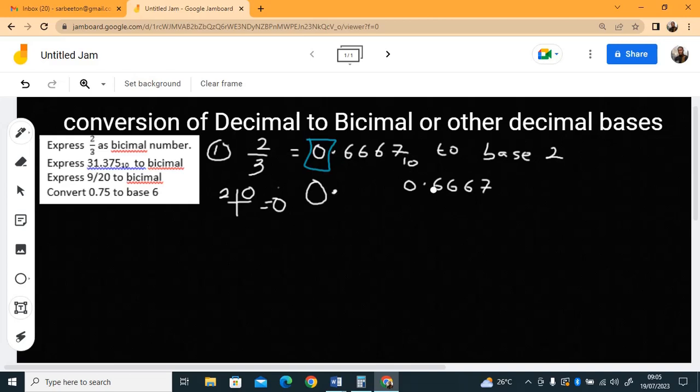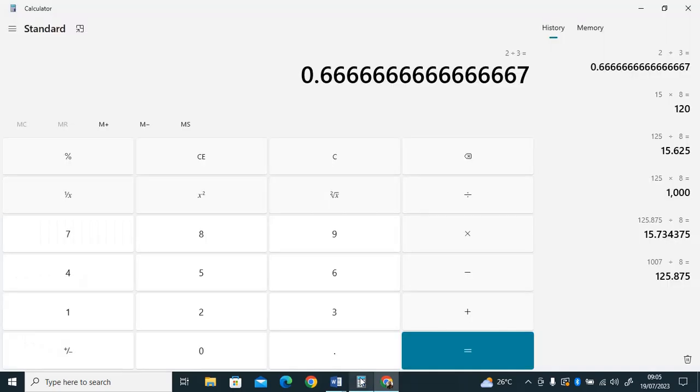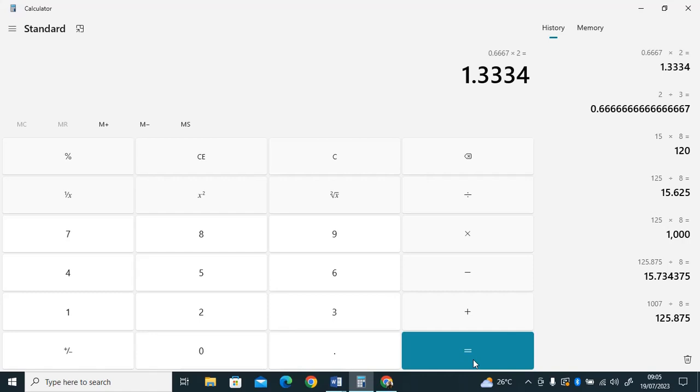So the first one is going to be 0.6667 times 2. Well, let's use the calculator here so that you see it clearly. 0.6667 times 2, because you are making it in a bicimal, gives me 1.3334, right?